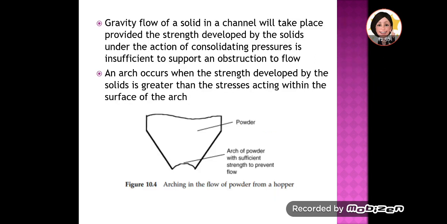If we look back at the slides, this is where the unconfined yield stress is, and this is where the powder stresses are. So obviously, if these stresses are stronger, the powder will flow.